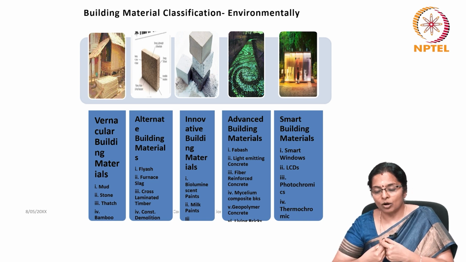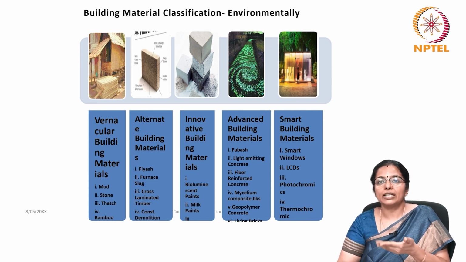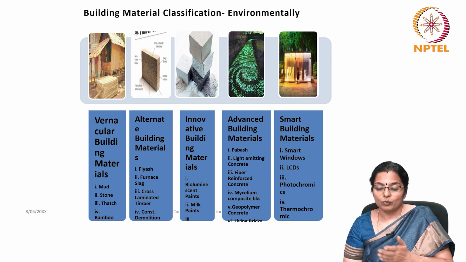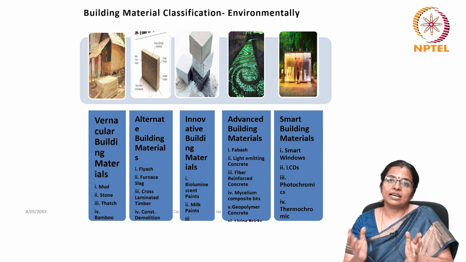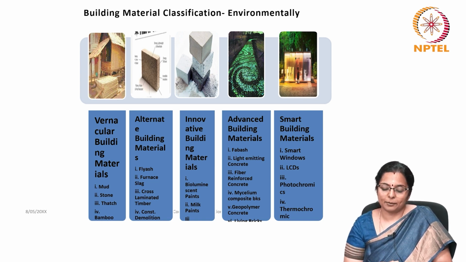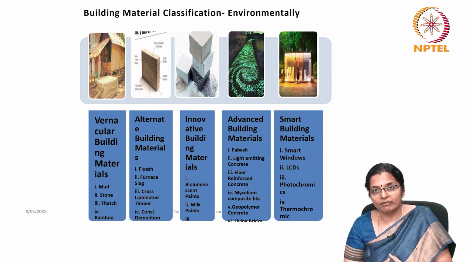So, light emitting concrete is a response to a different need, which is you need to have light in areas which are extremely dark, but the intensity need not be that high. Then we saw mycelium composite bricks, geopolymer concrete, living bricks, etc.